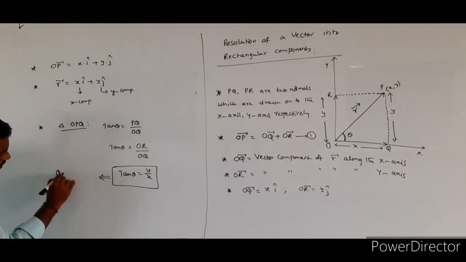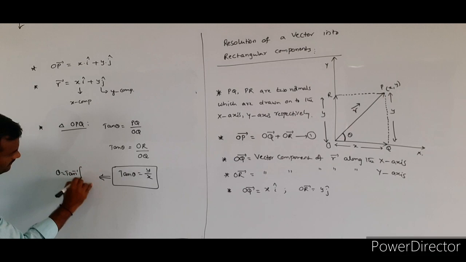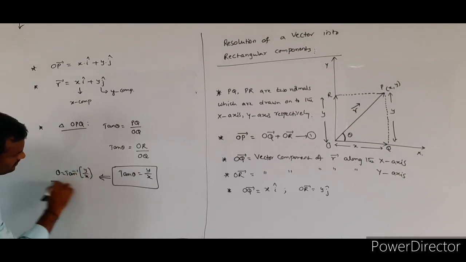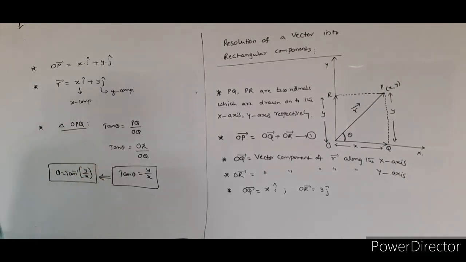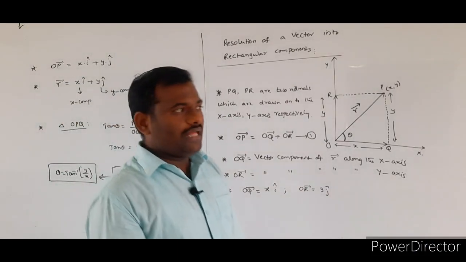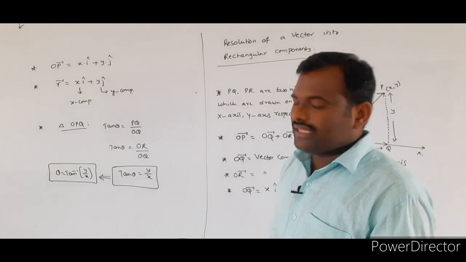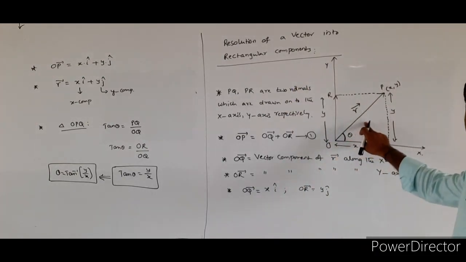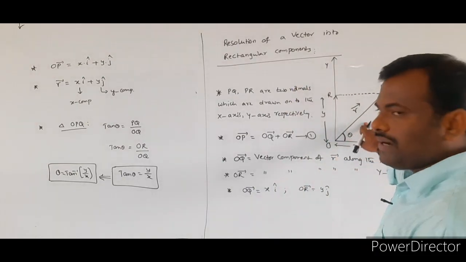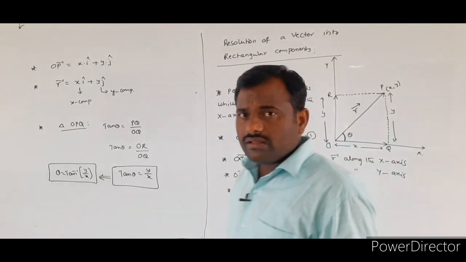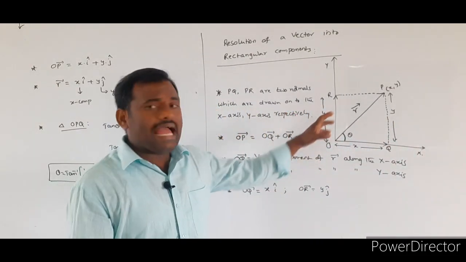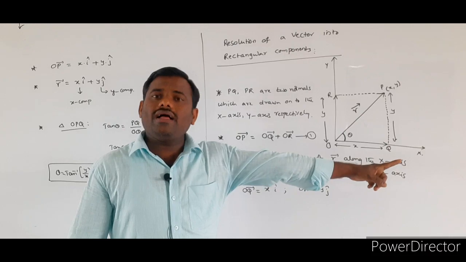From this, theta is equal to tan inverse of y by x. By using tan theta is equal to y by x, we say that the given position vector r bar will be making a definite angle theta with respect to the x-axis.